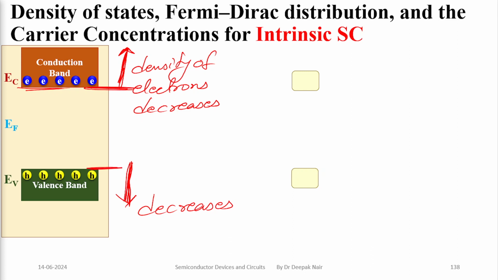So the highest density will be near the edge, whether you are taking the conduction band or the valence band.